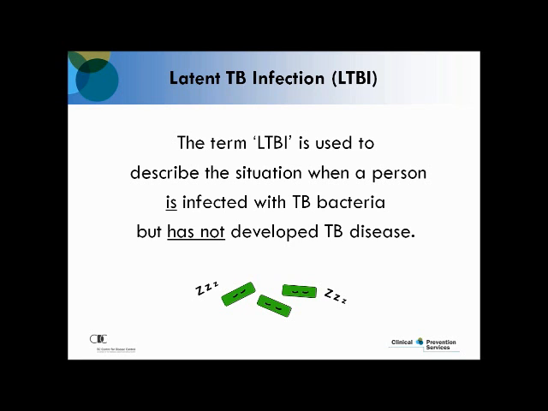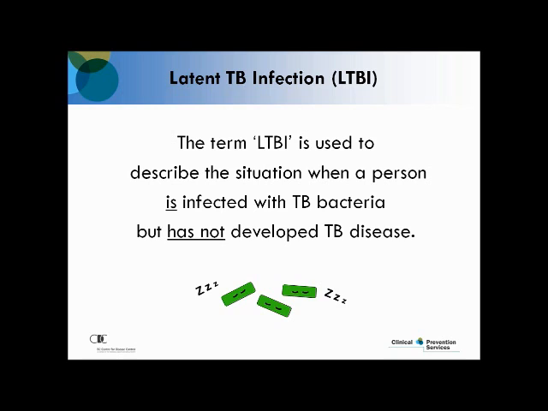Latent TB infection. LTBI is an acronym used to describe a situation when a person is infected with the TB bacteria but has not developed TB disease. This means that the tubercle bacilli are in the body, but the immune system is keeping the bacilli under control and inactive. The immune system does this by producing special cells that surround the bacilli.